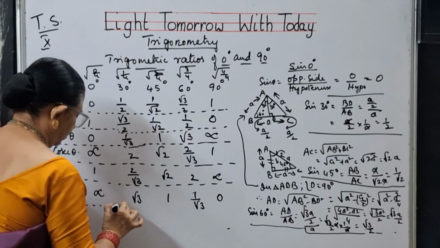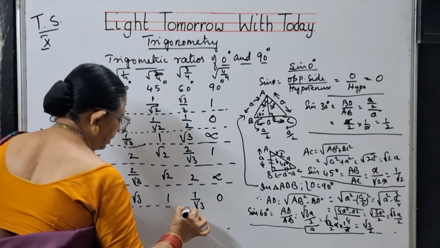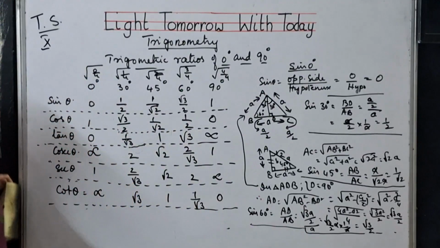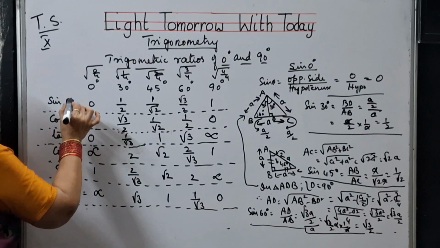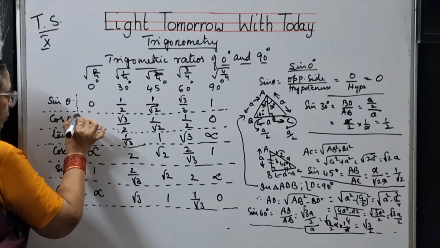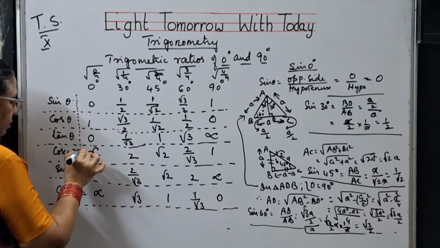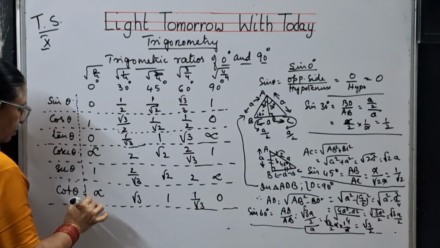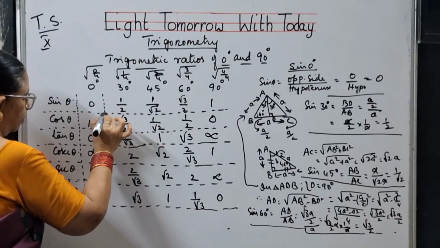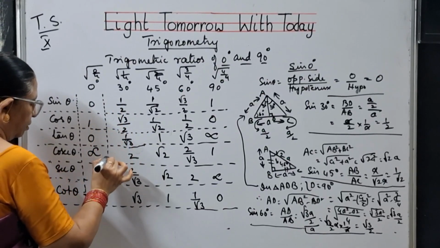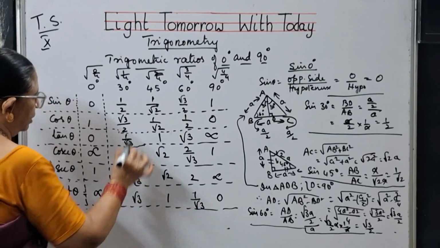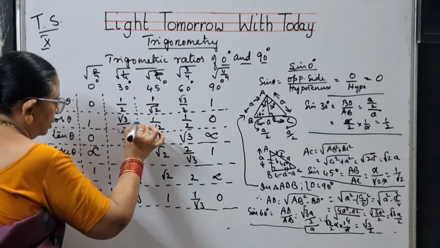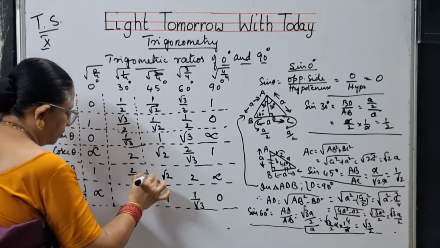So these all are, see, you could complete the whole table if you know this sine theta values. If you know sine theta values, you can very easily find out what are the other degree values.